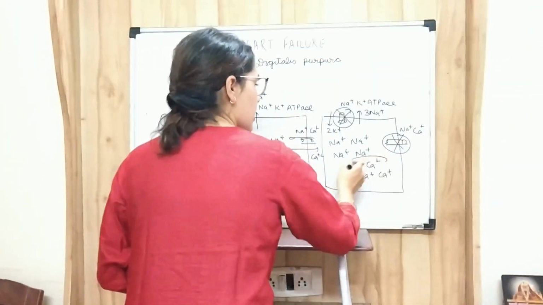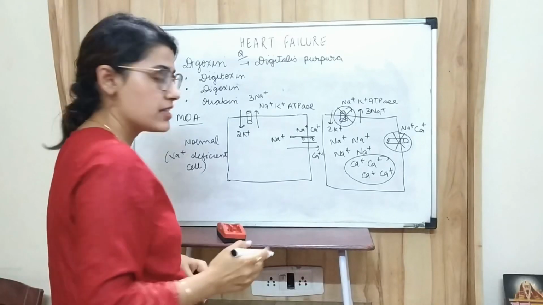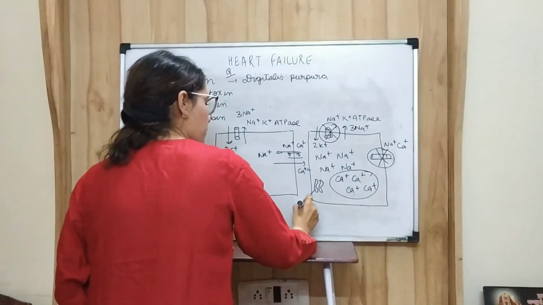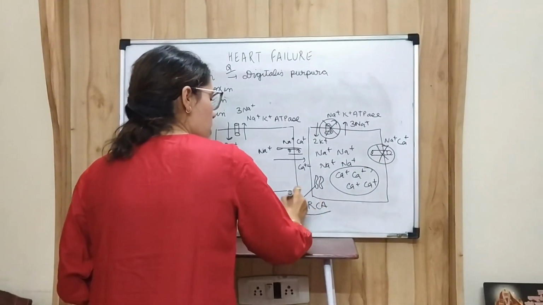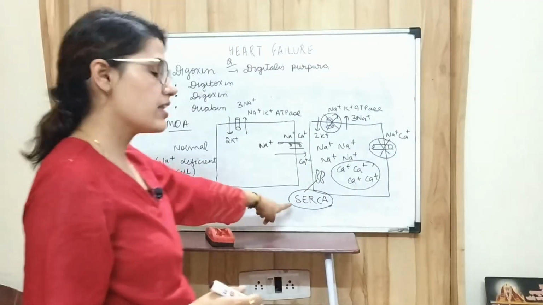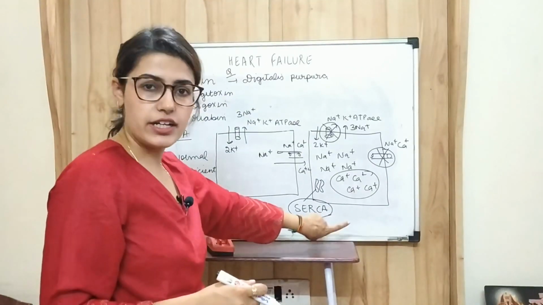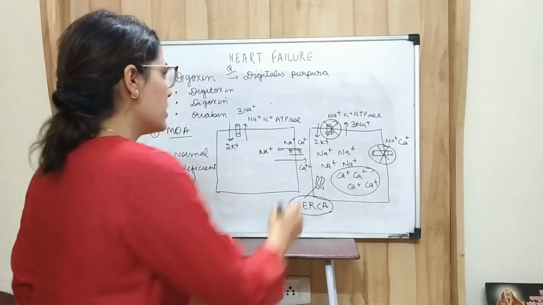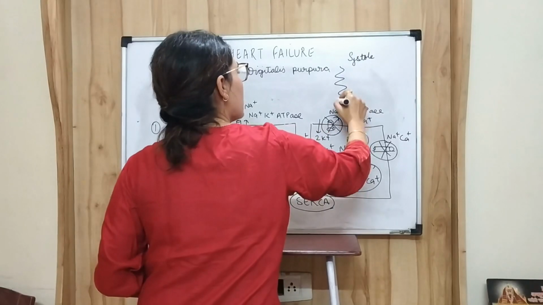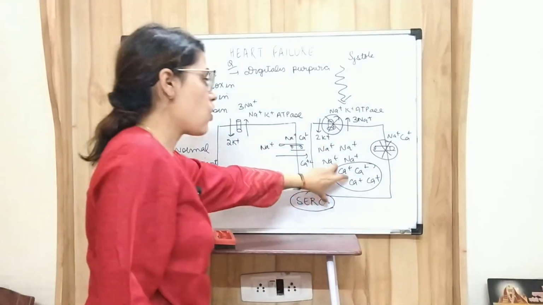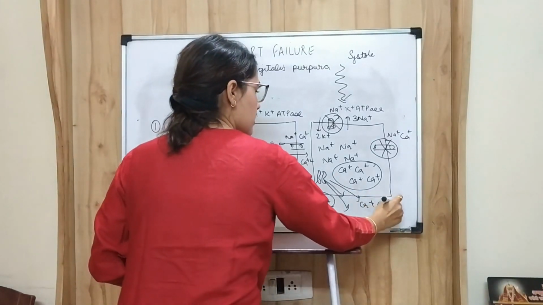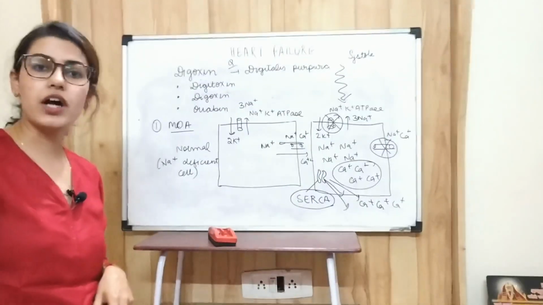This accumulation of calcium inside the cell gets collected and goes into the SERCA, that is the sarcoplasmic endoplasmic reticulum. Now whenever there is a wave of systole, all this calcium will come out and cause myocardial contraction.